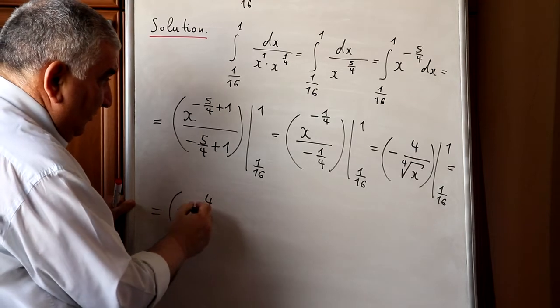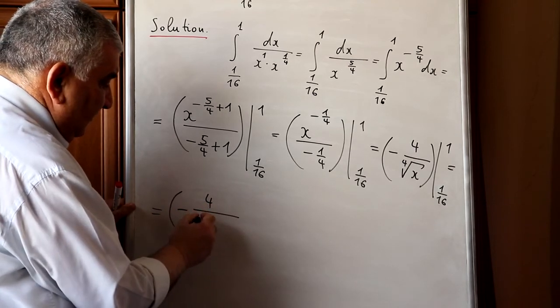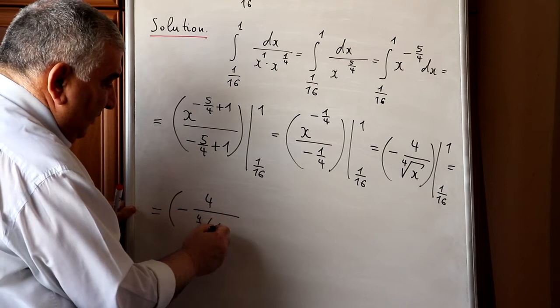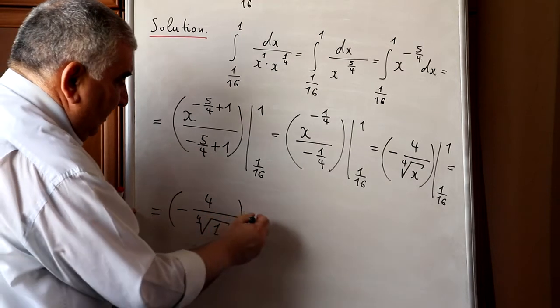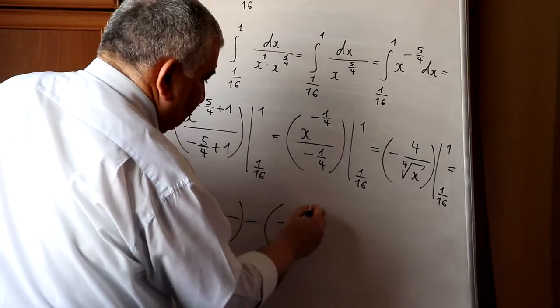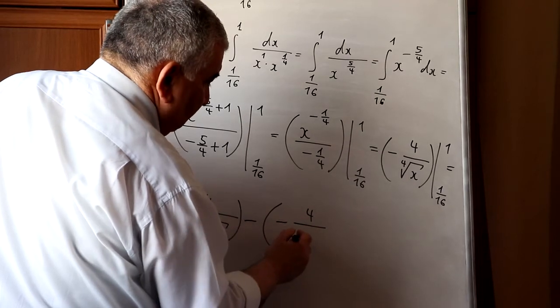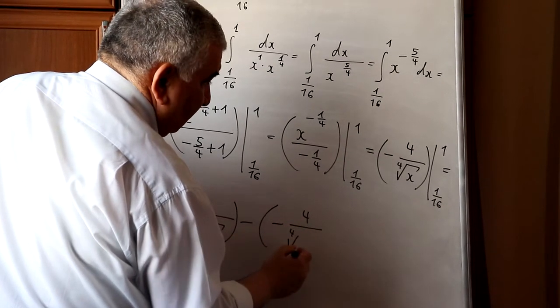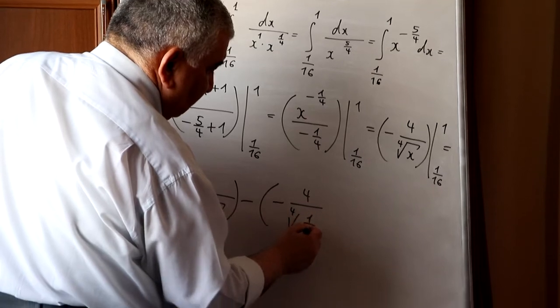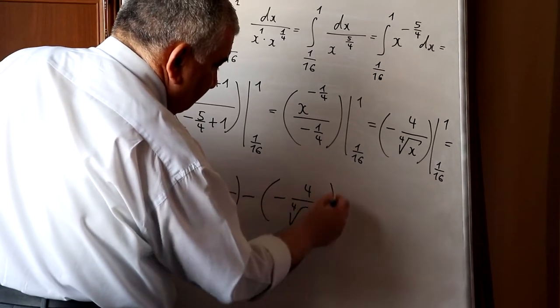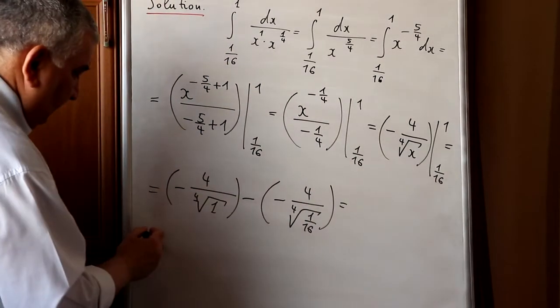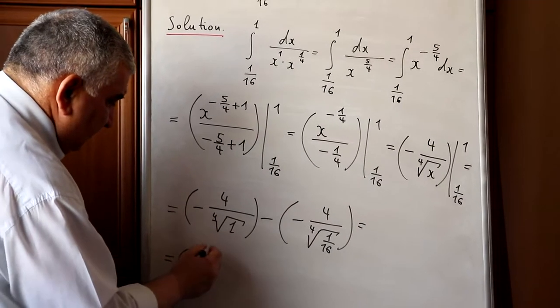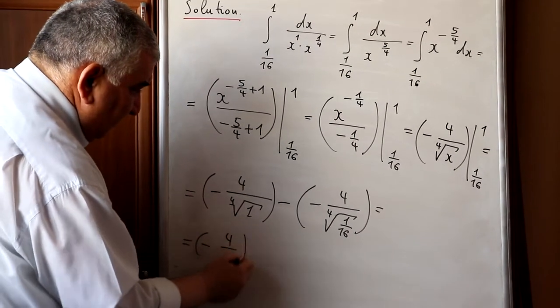Minus 4 over 4th power of 1 minus 4 over 4th root of 1/16 equals minus 4 over 1.